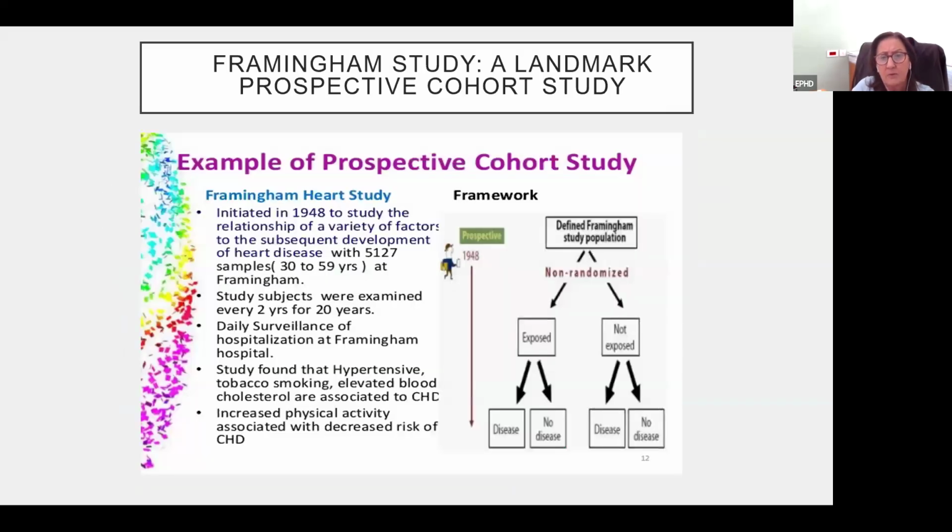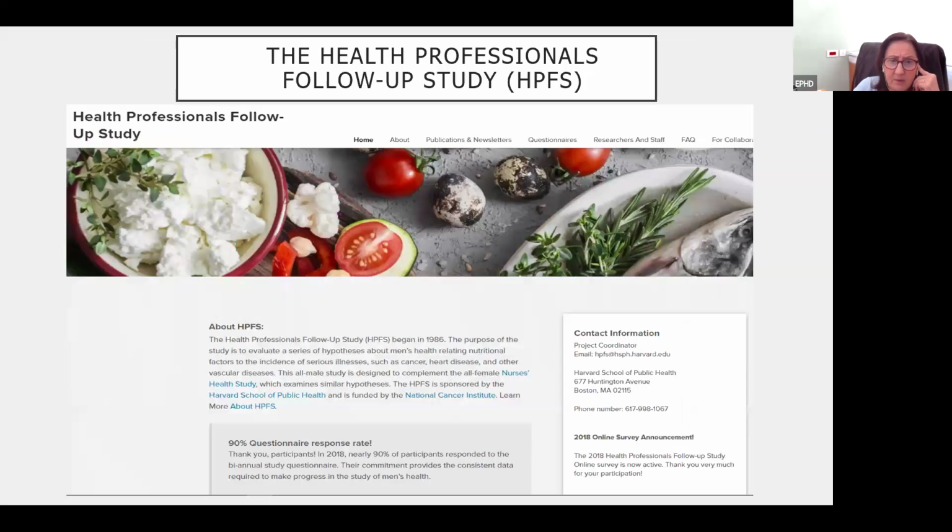So this is a typical prospective one, from 1948. They define the population, they look at who's exposed, who's not exposed, and then they follow up, and every 2 years they had a follow-up to look at their hospitalization, if they have developed hypertension. And their main outcome was coronary heart disease.